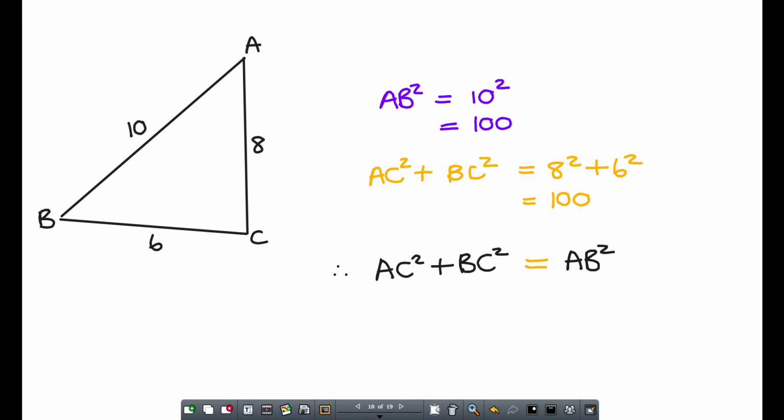And now you've got to have a reason: converse of Pythagoras.